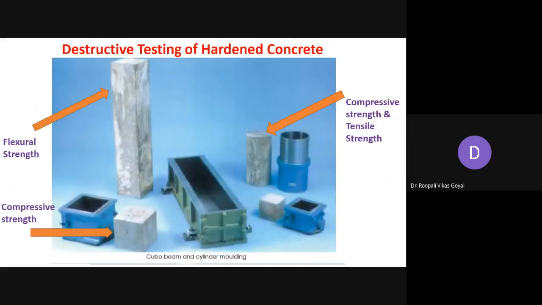First, we should know which specimens are used. In this figure, for compressive strength we generally use the cubical specimen. For flexural strength, we use the beam specimen, and for compressive and tensile strength, we use the cylindrical specimen.